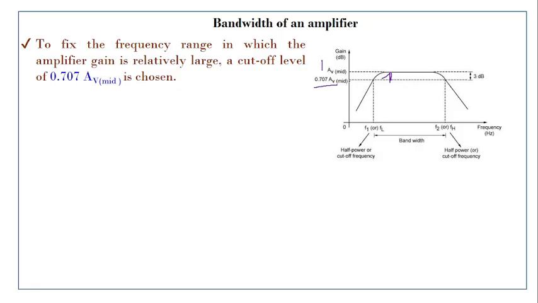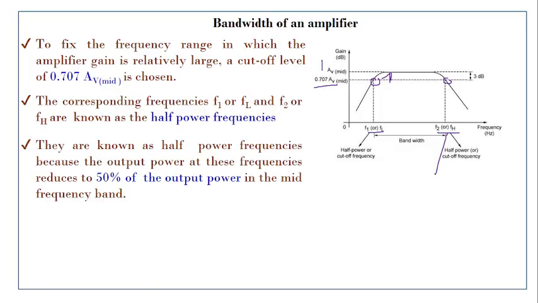If I draw a horizontal line, it will cut the frequency response at 2 points, and if we extend it along the x-axis, these are called the corner frequencies, half power frequencies or cutoff frequencies. In particular, this is called the lower cutoff frequency and this is called the upper cutoff frequency.